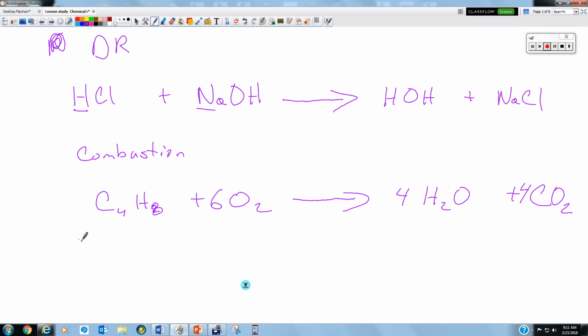Now, the other type of combustion that you have is a metal combustion. Where you have something like magnesium plus oxygen. What would you predict the product of this one is?